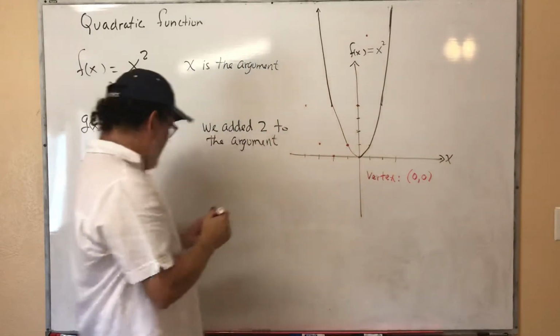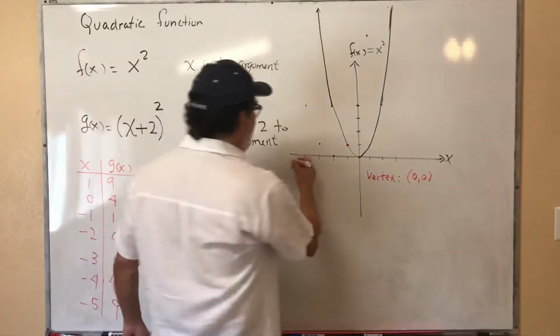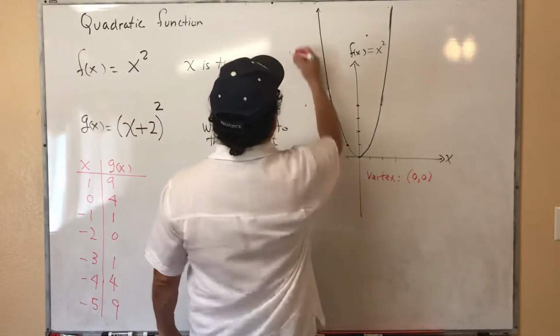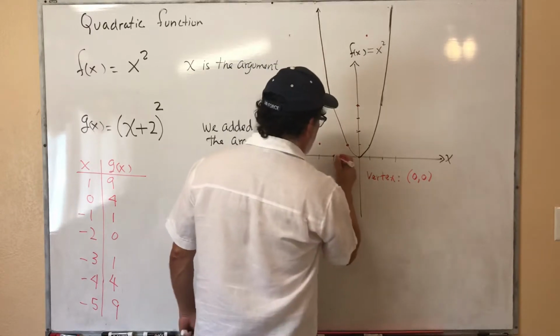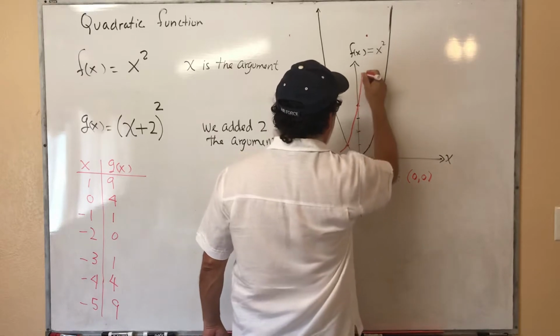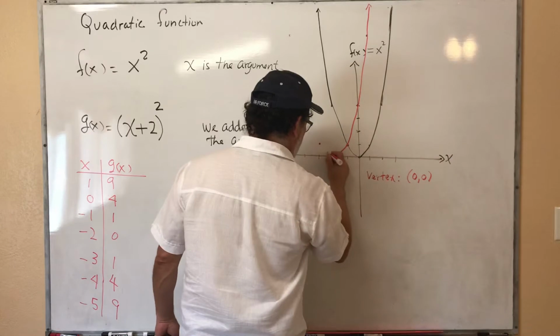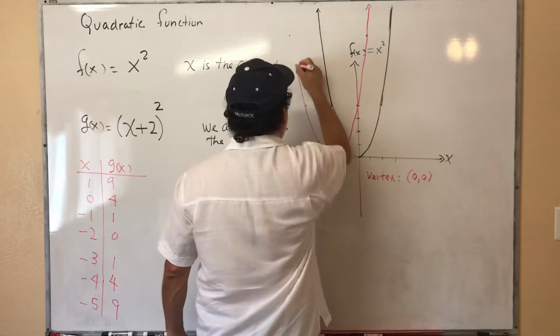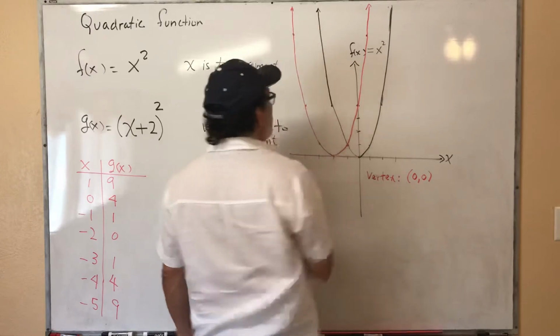Let x be -5 and we get 9 right around there. And so we got this, look. Oh, this one moved. You see?